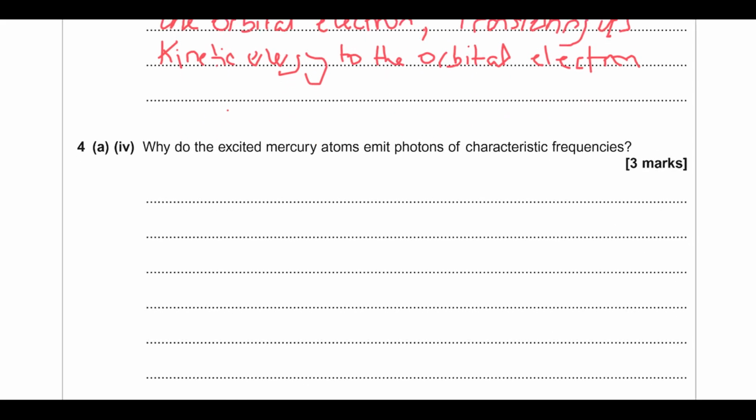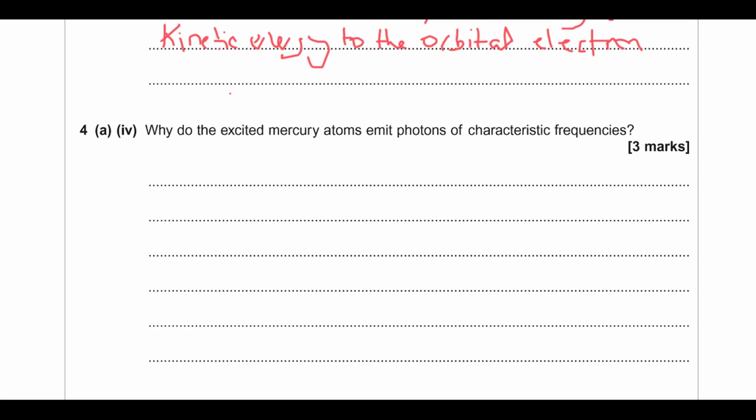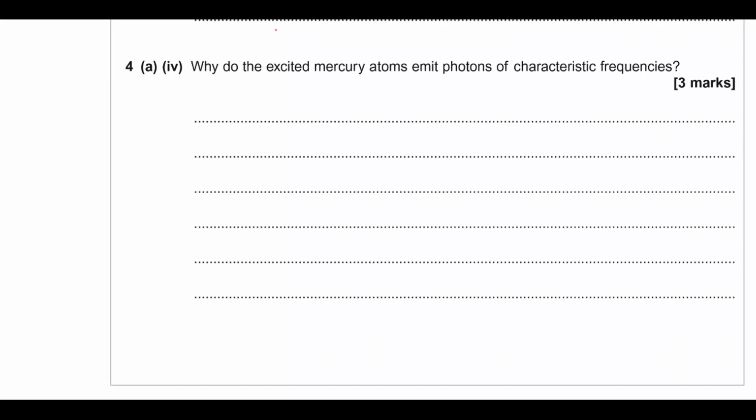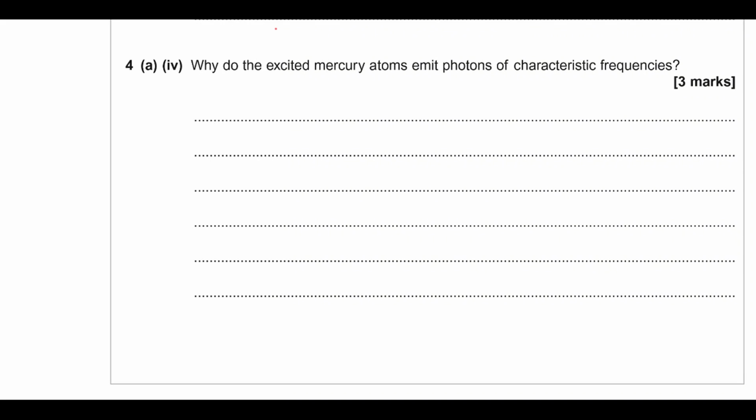Why do the excited mercury atoms emit photons of characteristic frequencies? So I'm going to draw myself a diagram to think about what that looks like. So in any atom, you've got these energy levels. This is ground state, 2, 3, 4, all the way up to the ionized energy state up here.